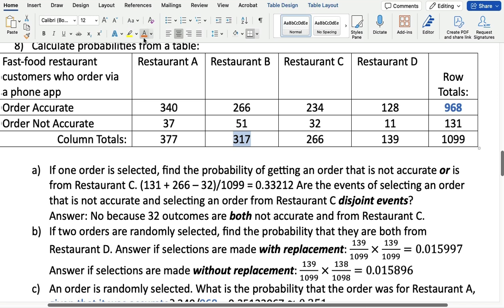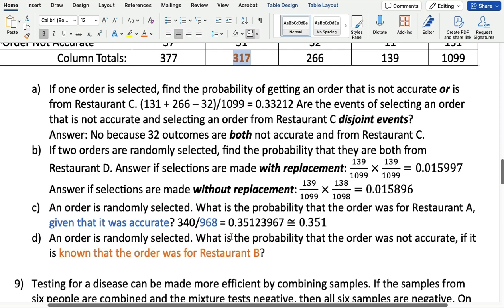That's the total for restaurant B. If we're assuming that that is true, that is being assumed to be true, then we're only interested in calculating probabilities in that column. Out of the 317, because we know we're in restaurant B, we can ignore everything else.